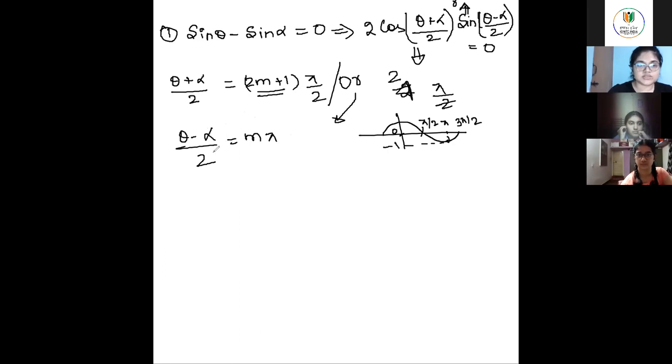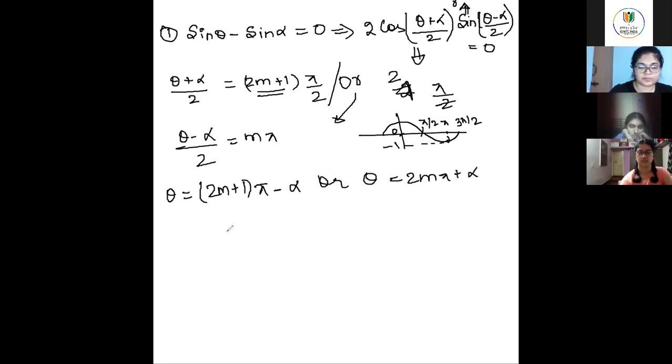Okay, so that is the reason I have written this. Now theta should be equal to, from the first one, (2m plus 1) pi minus alpha. Don't consider this x, guys. I write pi like this only. Or theta should be equal to 2m pi plus alpha.